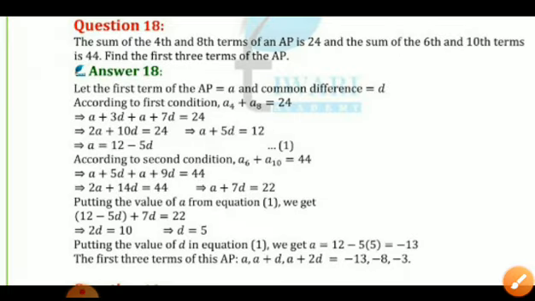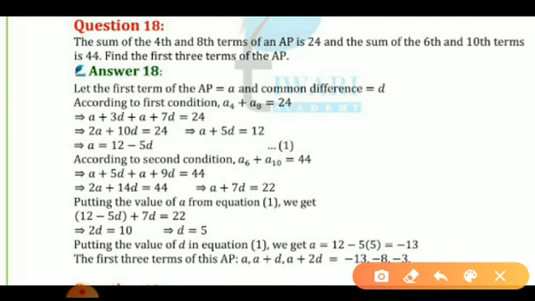Now see the next. The sum of the fourth and the eighth term of an AP is 24 and the sum of the sixth and 10th term is 44. Find the first three terms of the AP. See here, sum of fourth and eighth term.